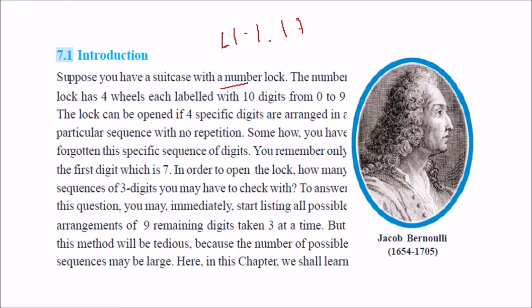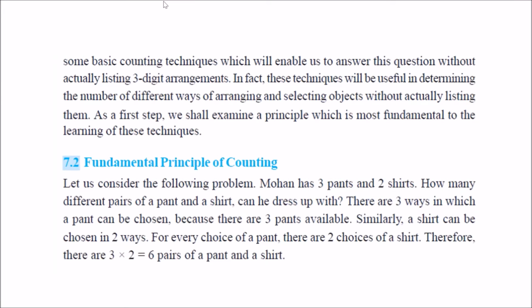This task seems to be somewhat tedious, but in this particular chapter we will try to solve this, and see how we can solve all these using a very important aspect of arranging and selecting objects as required.